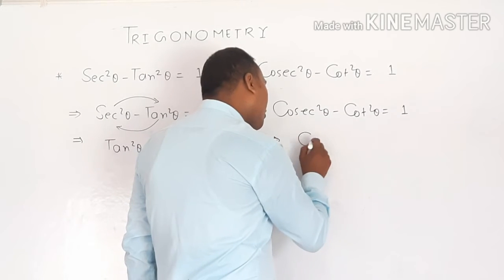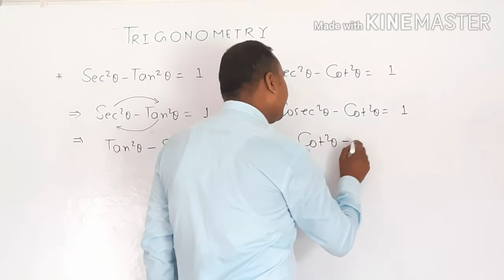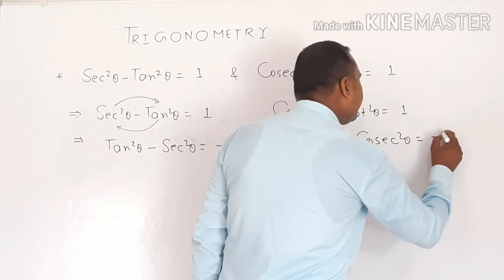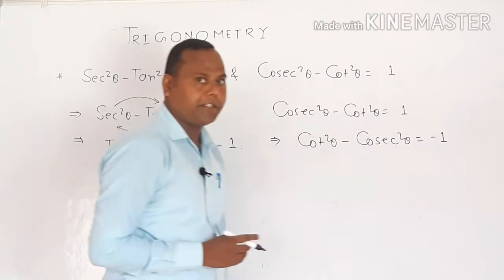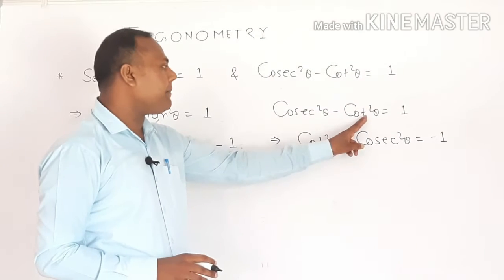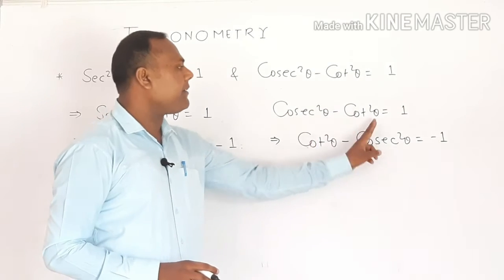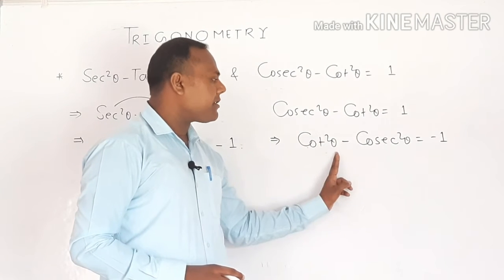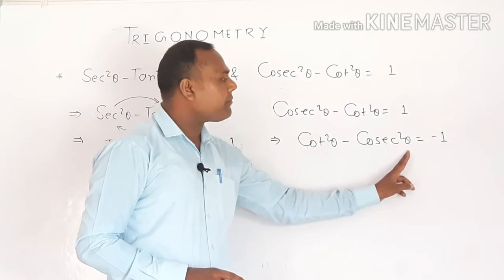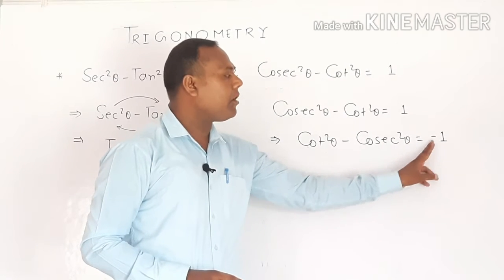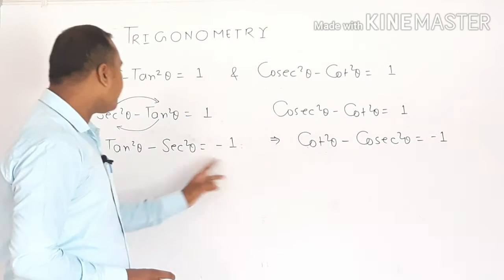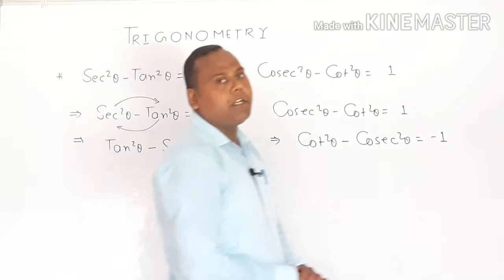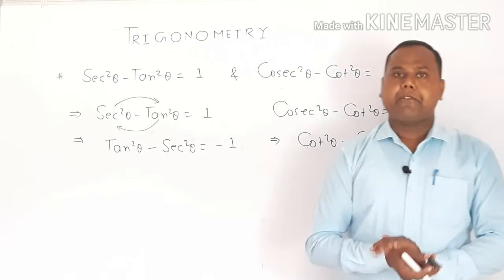Cot square of theta minus cosec square of theta will be equal to negative of 1, or minus of 1, because this term is replaced here and this term is replaced here. These two results are very important for solving critical type of problems.